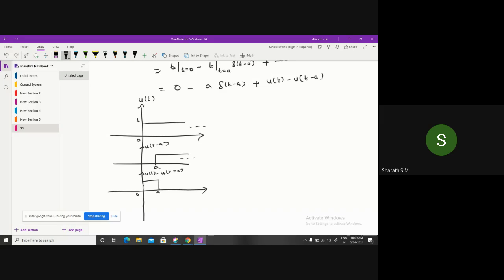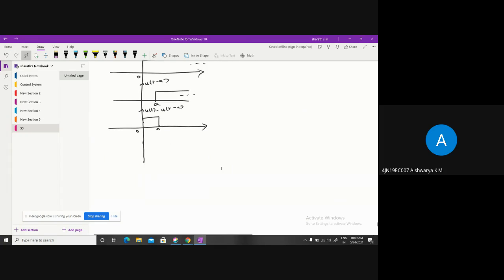Afterwards, a into delta of t minus a means t is equal to a. At t is equal to a, we have an impulse whose amplitude level is a. So this is a into delta of t minus a.